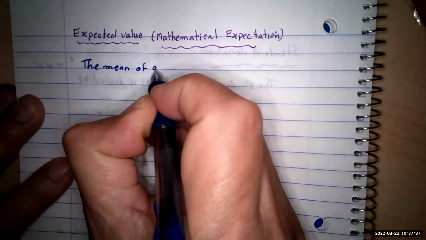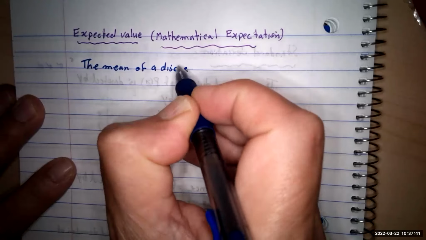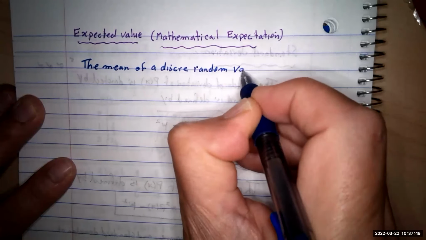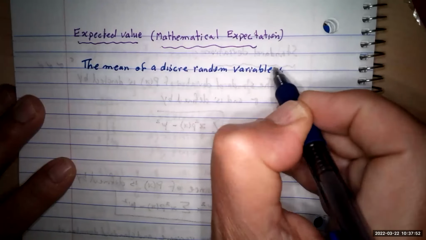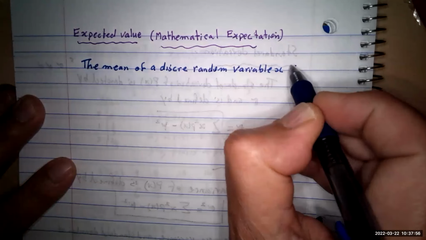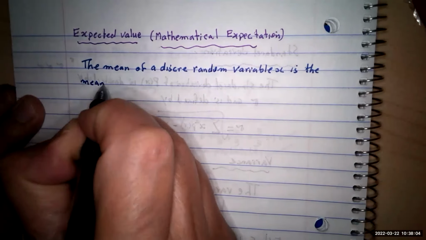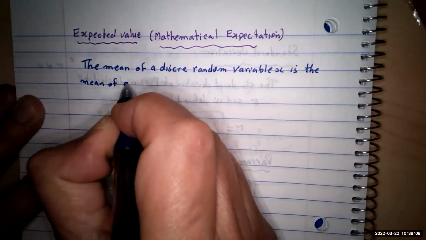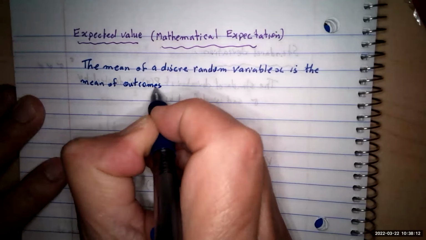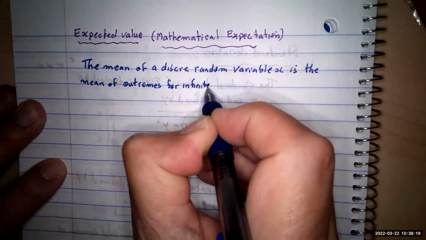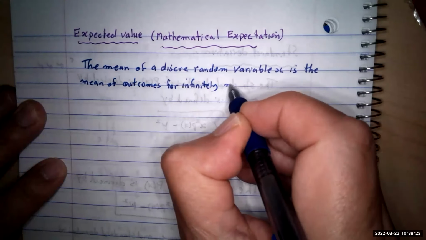So let's give you a description of the problem. This is going to be the average, the mean of a, of course, discrete random variable x. It is just the mean of outcomes, the mean of outcomes for when you repeat something over and over for infinitely many tries.